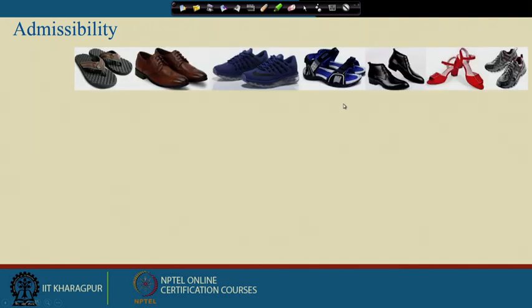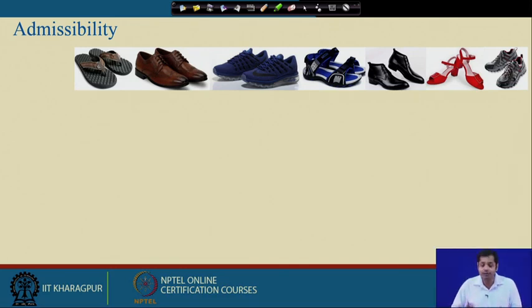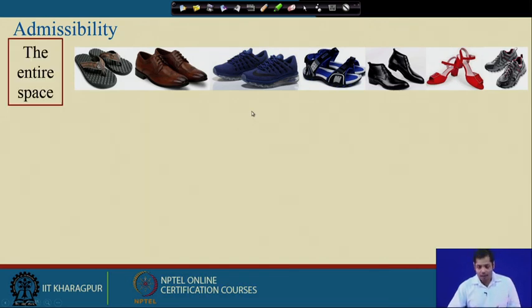When you go to a footwear store, this is just for representative figures. You can have hundreds, thousands of collections, but it is just to make the point. Suppose this is the entire collection you have, so this is the entire space. Now, your job is to select, from the entire space, the one which satisfies your requirement.